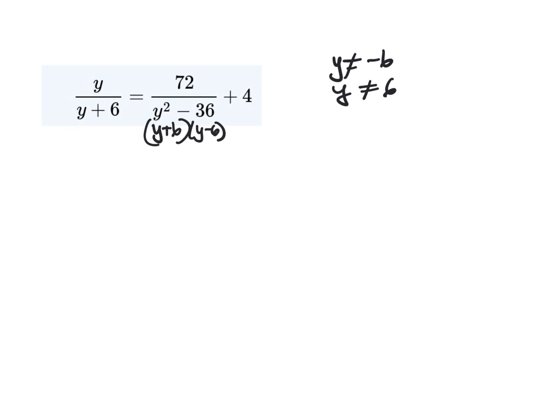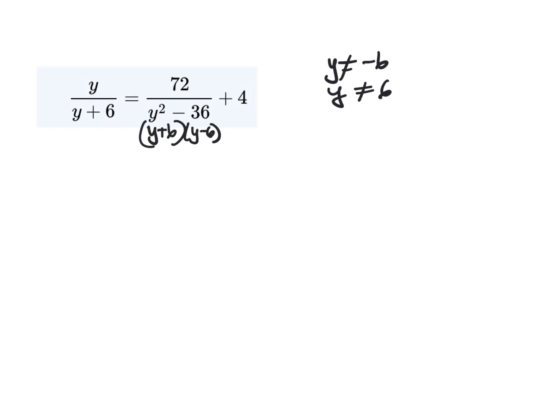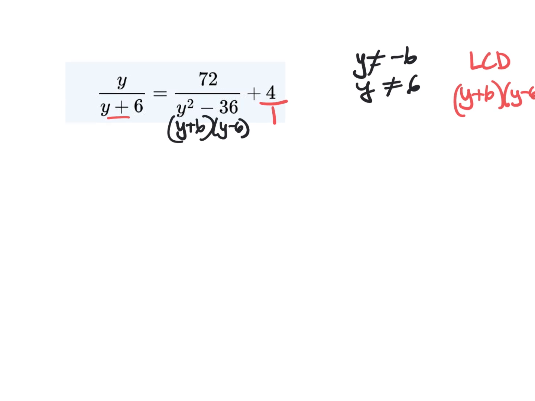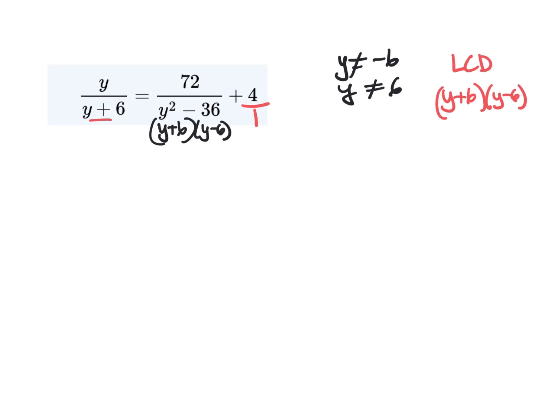And then we're going to start to look for our lowest common denominator, which must include a y plus 6 as well as a y minus 6, keeping in mind that this has a denominator of 1. And now we're going to multiply our LCD by every part of the equation.